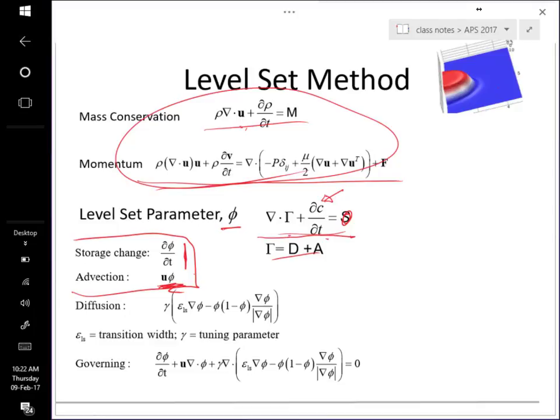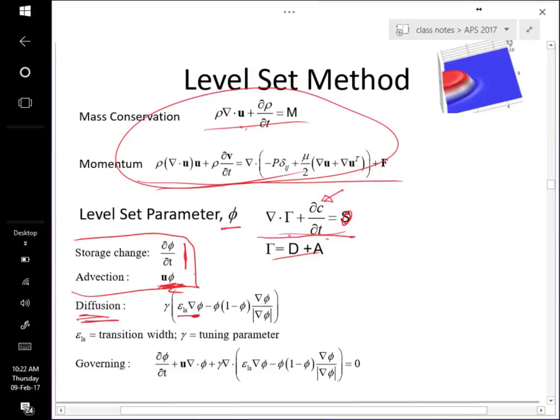So what's done is to add in some additional terms to condition the solution, and here I'm writing them as diffusion terms. So this guy here is the gradient in phi.